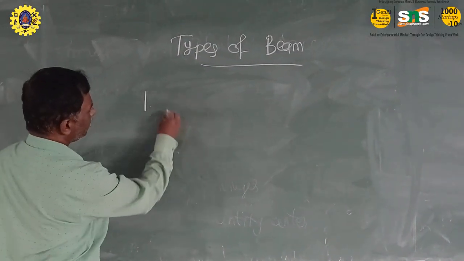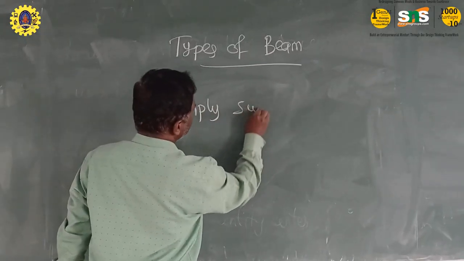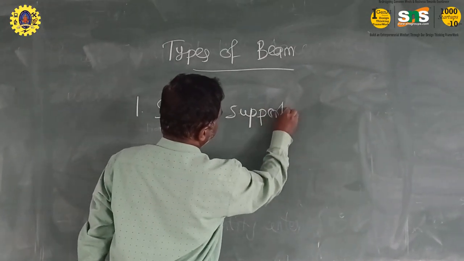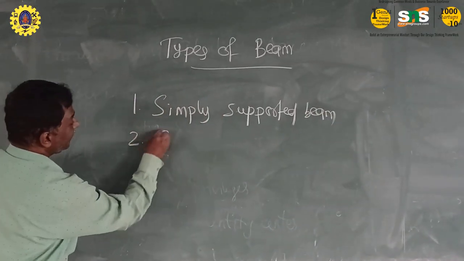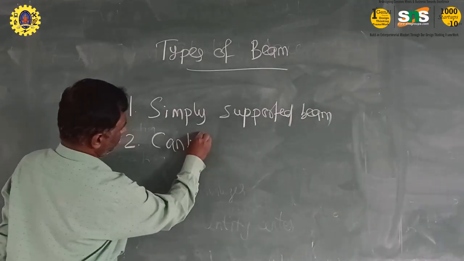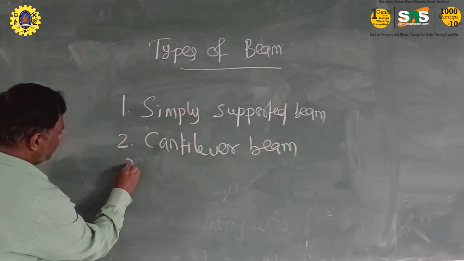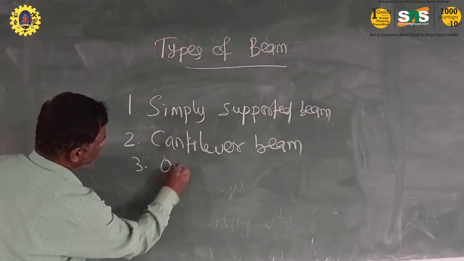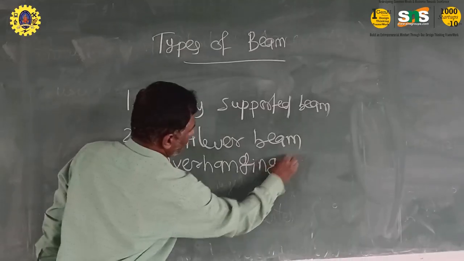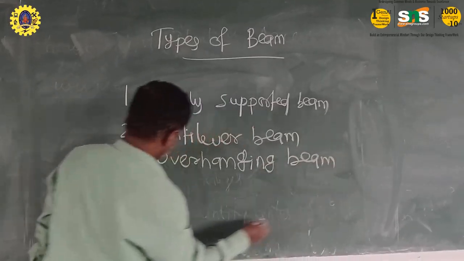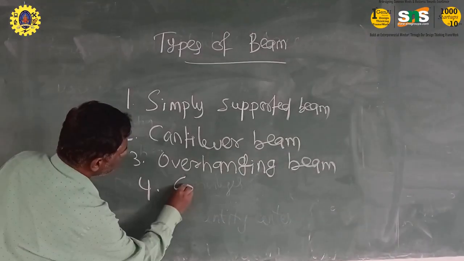So in beams, we have a simply supported beam. Next, we have a cantilever beam. Then we have an overhanging beam. Next, we have the continuous beam.